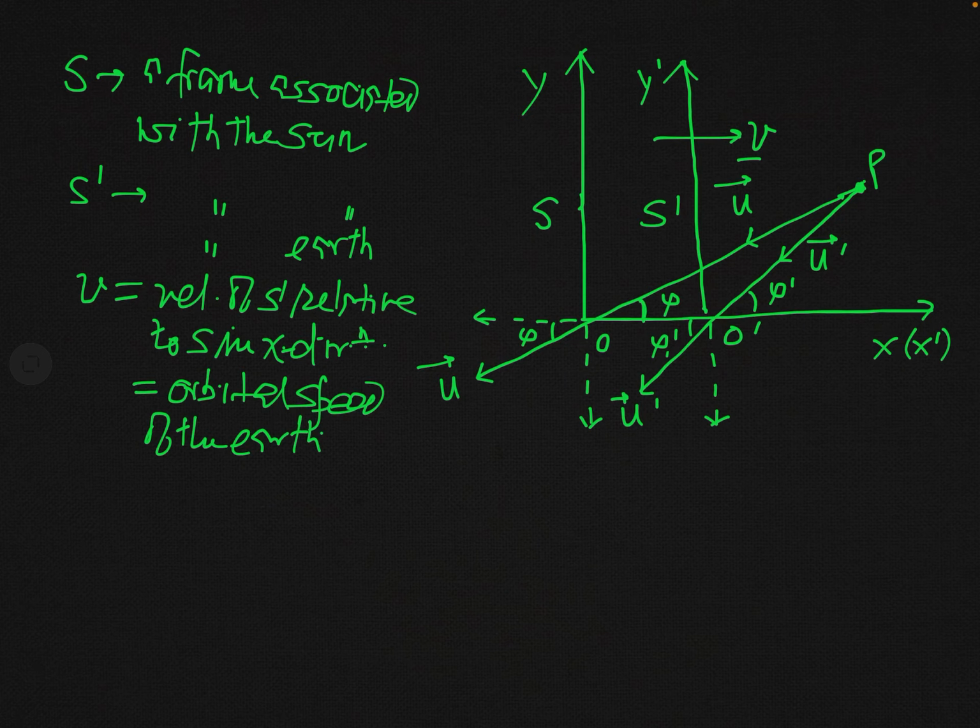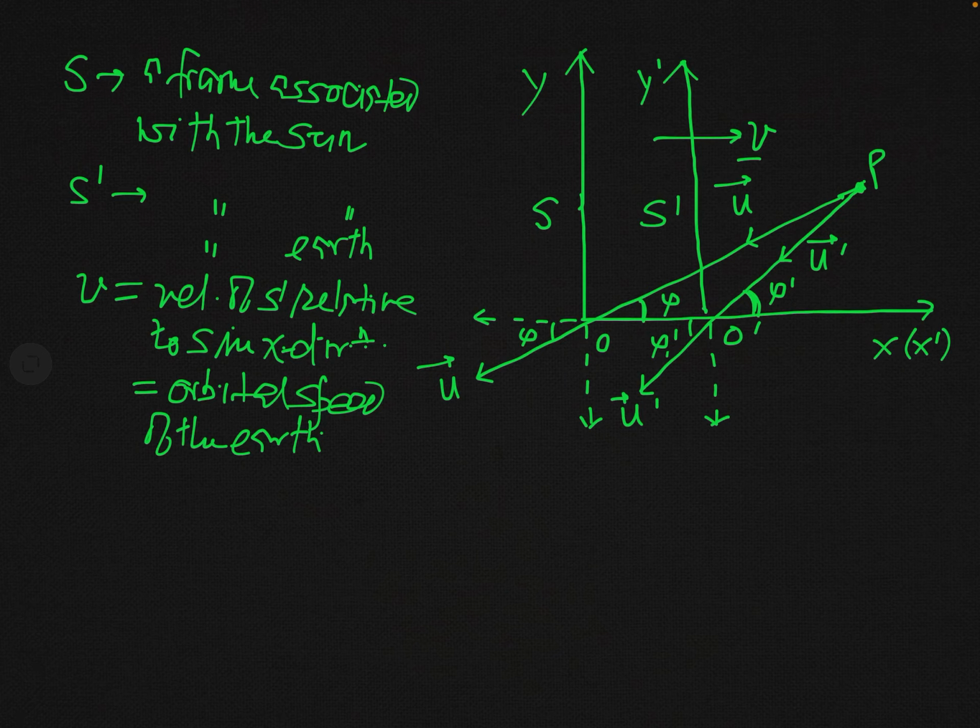So this angle phi measures the direction of the incoming light ray from the star by the observer O. And similarly, the moving observer O prime of the Earth's frame measures the direction of the light ray coming from the star P, and according to him, the light ray makes an angle phi prime with the x-axis.